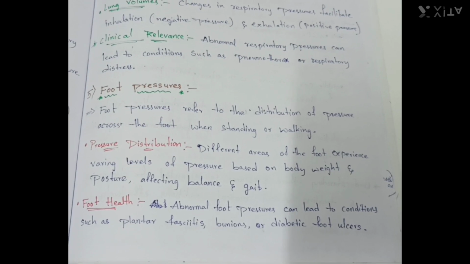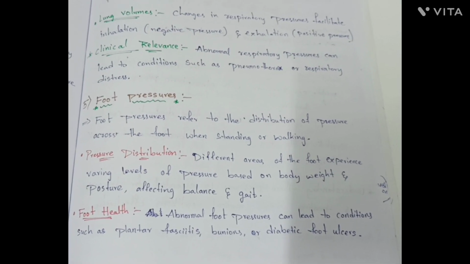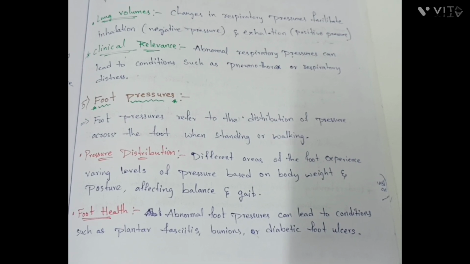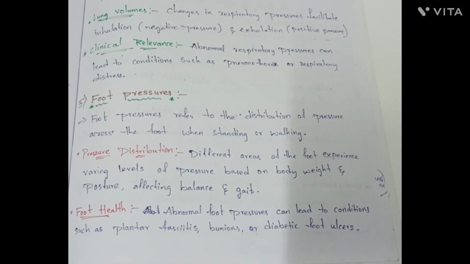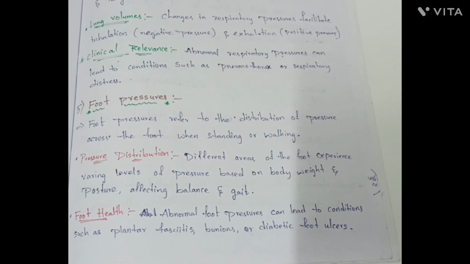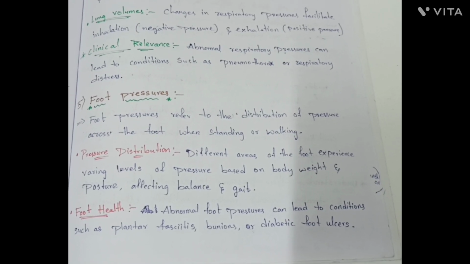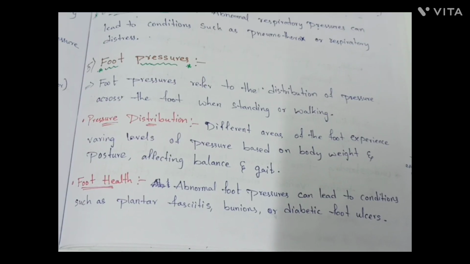Foot pressures. Foot pressure refers to the distribution of pressure across the foot when standing or walking. Pressure distribution. Different areas of the foot experience varying levels of pressure based on body weight and posture, affecting balance and gait. Foot health.